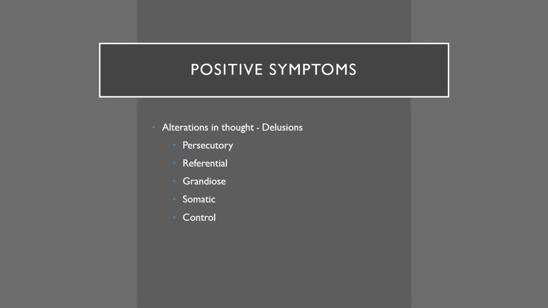Grandiose delusions is believing that they are very powerful or very important. Somatic delusions believe that the body is changing in some unusual way. We talked a lot about somatic last week, remembering those symptoms. So the body somehow is changing in some unusual way. And the last one is control, and that's believing that another person, a group of individuals, or some external force controls their thoughts, their feelings, and their behaviors.